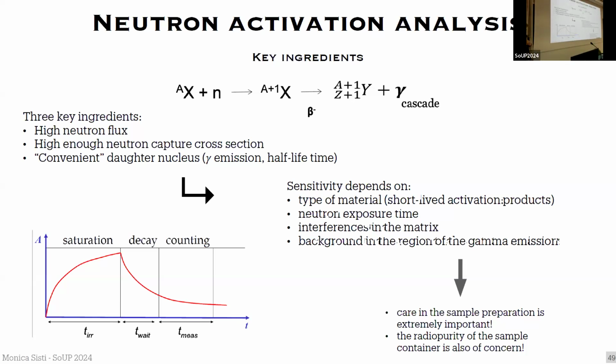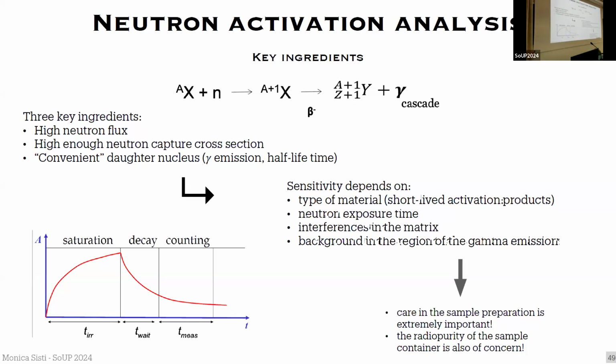So this is very important because if you want, for example, to study the uranium and thorium content in copper, the copper is a metal, it activates a lot, and you cannot take your sample out of the reactor before 1 month, for example, and then many of the measurements that are useful for you cannot be done.